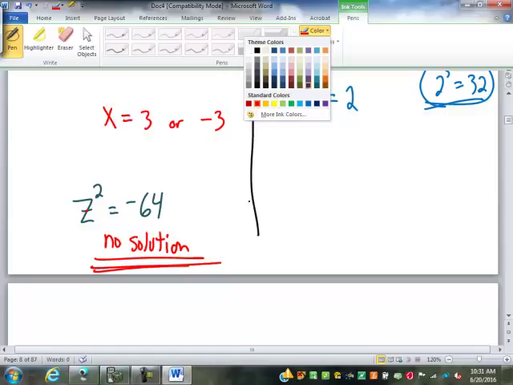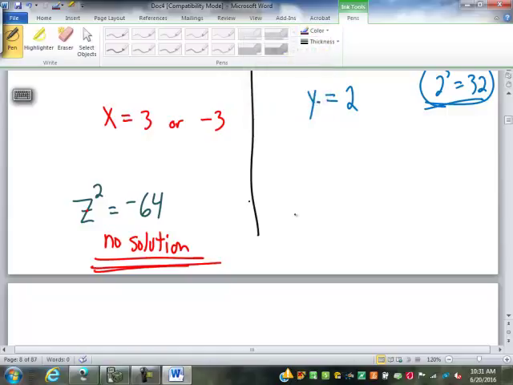Now, on the other hand, does that mean there's no solution for this one either? No, there is. Why? Because the number's going to be a negative. Perfect.